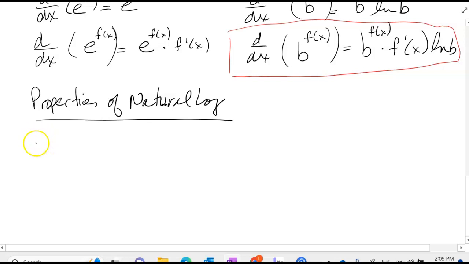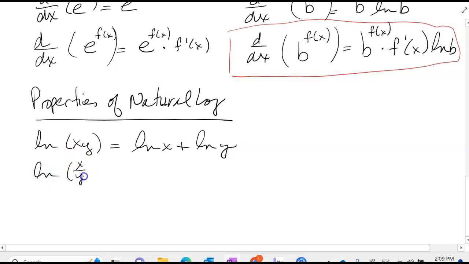So the first, ln of xy, remember this, is ln x plus ln y. Ln of x divided by y is ln x minus ln y.